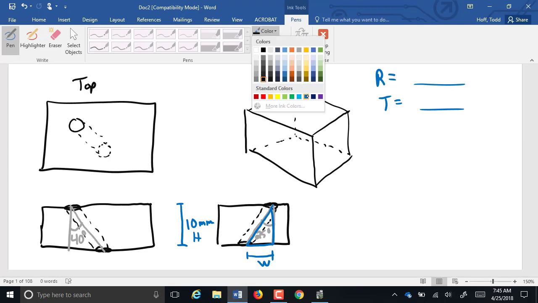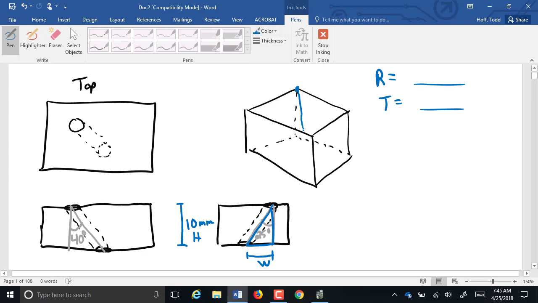Remember, I've got this box and my bore goes from here to here. This is my height. I'm saying this is 10 millimeters here. That's my height. This is my width, what I find there, and this will be my length, which I'm actually going to find from over here.